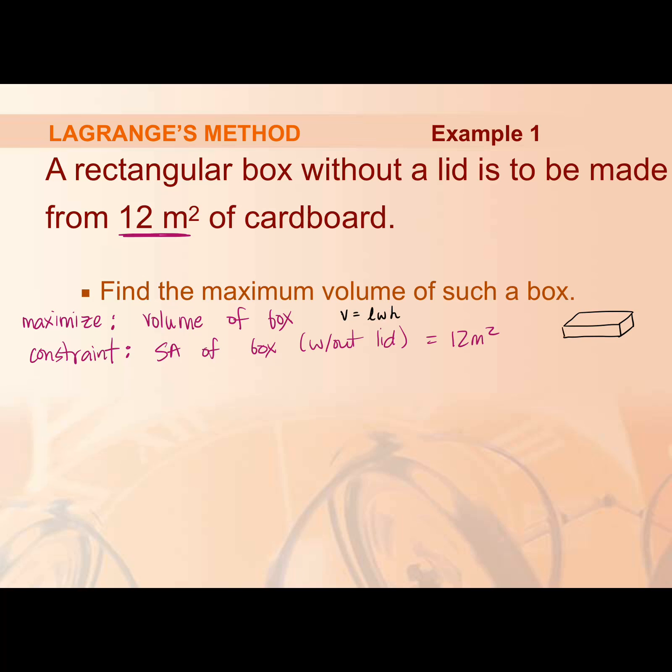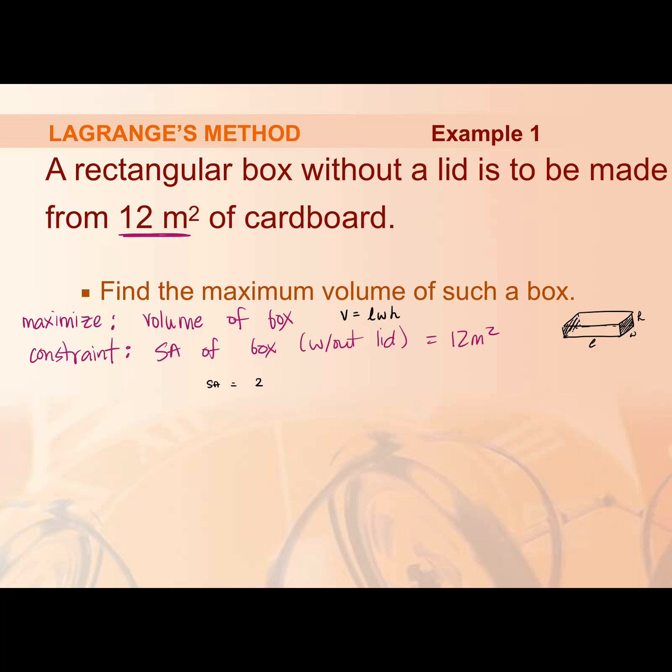Now for surface area, the side face is W times H, and we'll have 2 of those, so 2 times W times H. Let me put here surface area.